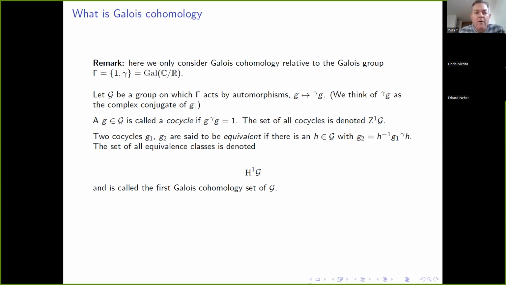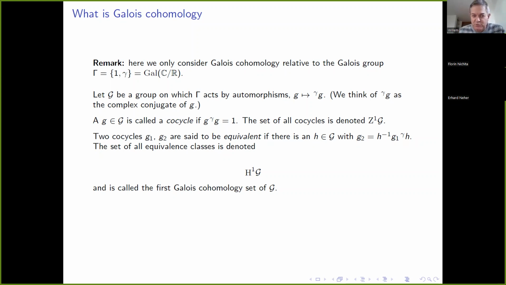Okay. And an element g of such a group G is called a cocycle if g times its conjugate is equal to 1. And the set of all cocycles is denoted Z^1(G). On Z^1(G), we can define an equivalence, as described over there. It's a kind of twisted conjugation.